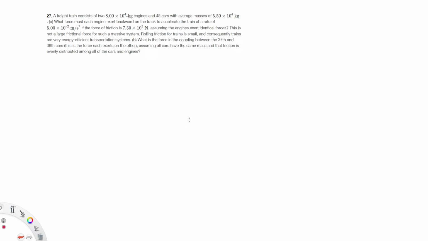A freight train has 2 engines and 45 cars. Alright, so it might take me a second to draw this. There's one engine. There's 2 engines.